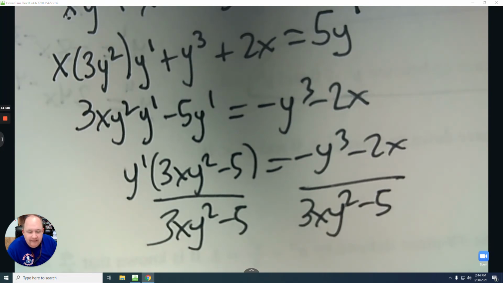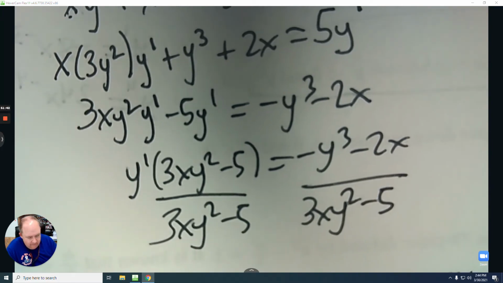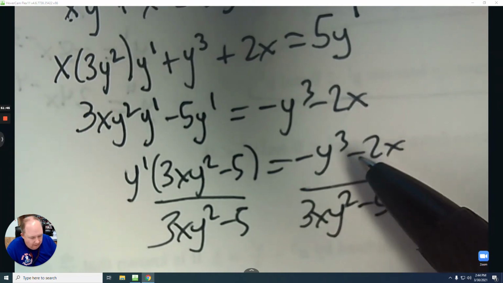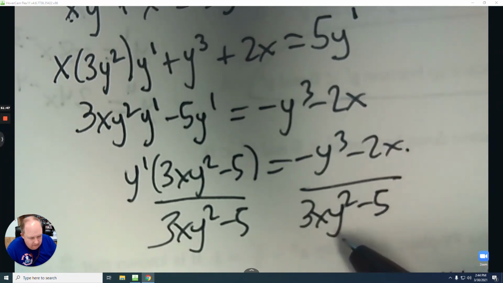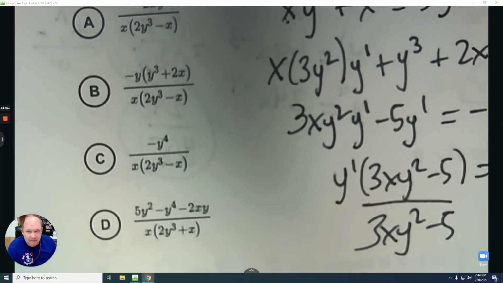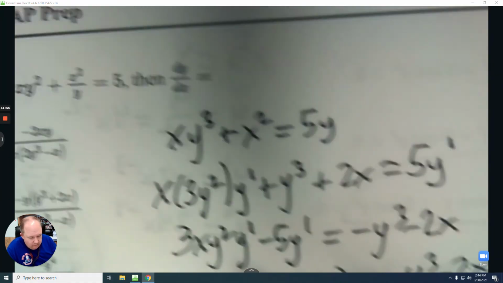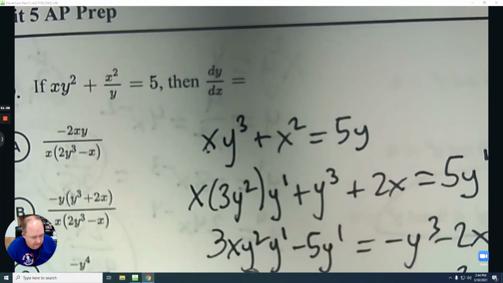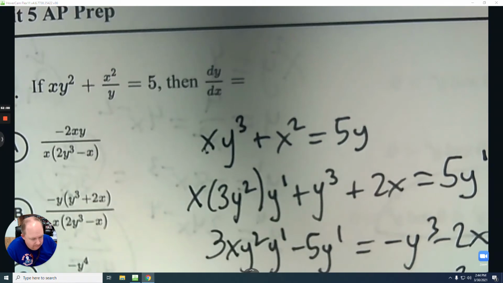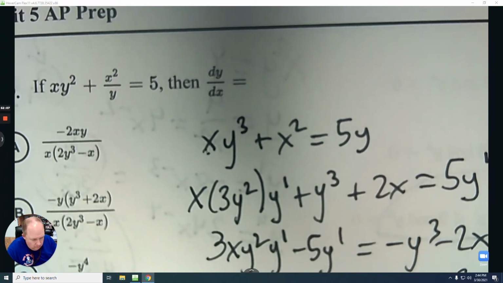So the one that would stick out that I'm looking for, y cubed and 2x. See, can I take one of these answers and have them match? So I see y cubed and 2x. I see 2y minus 5.